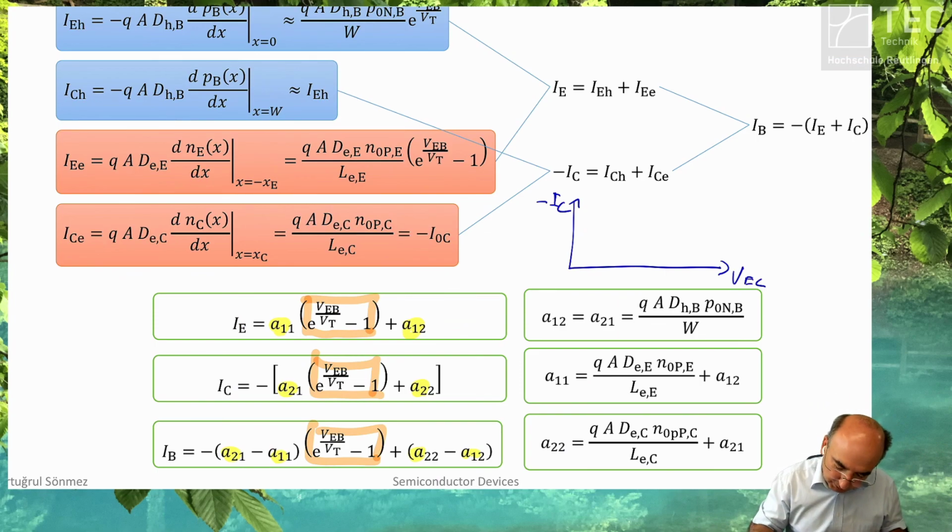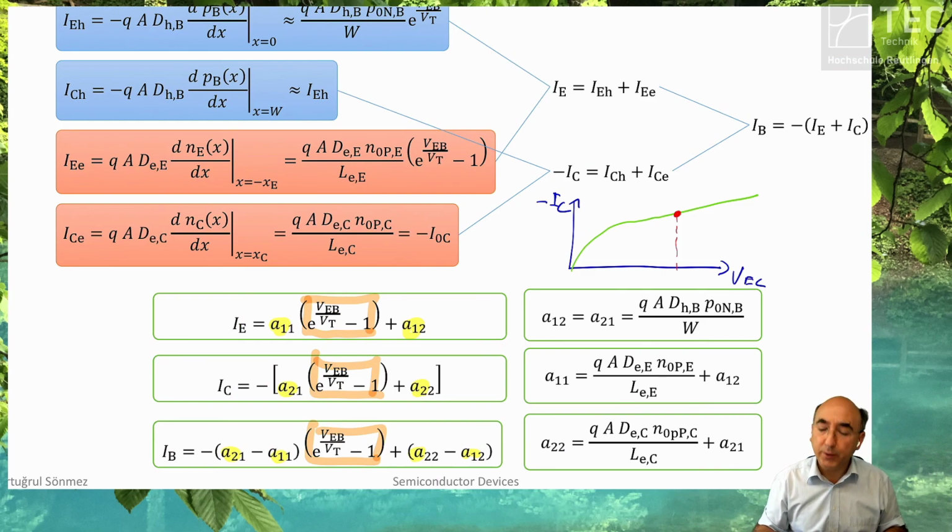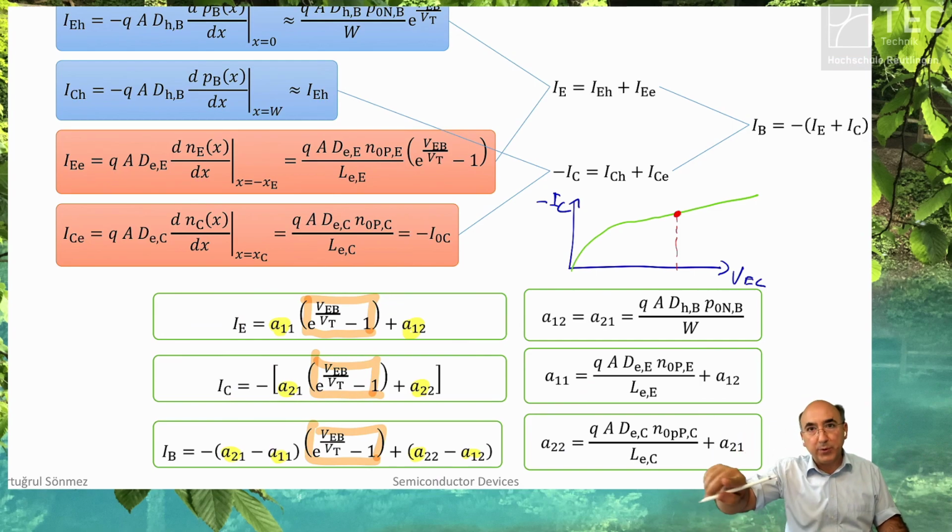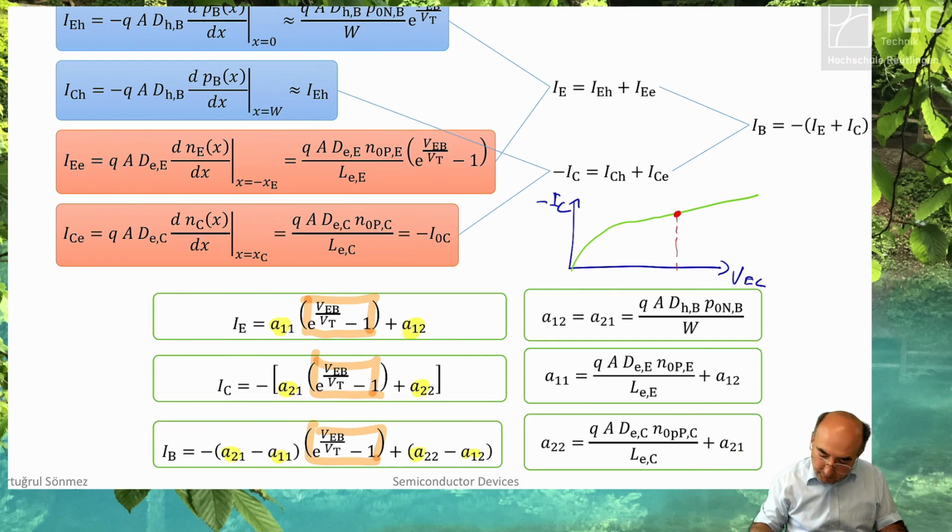And this curve looks like this, but we have calculated these currents only in this area because we have a reverse biased collector base voltage.